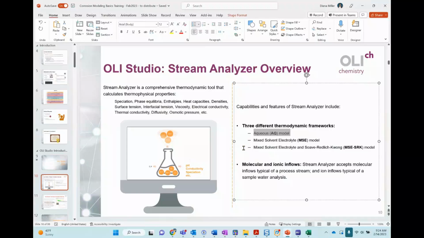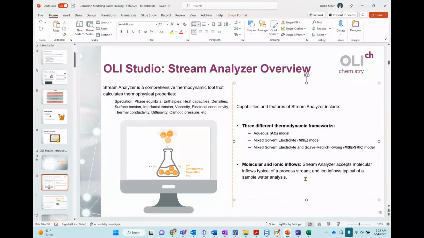To overcome those limitations, we created the MSE thermodynamic framework. That stands for mixed solvent electrolyte, where there is no limit in concentration of salts, and you can go to higher temperatures and higher pressures.